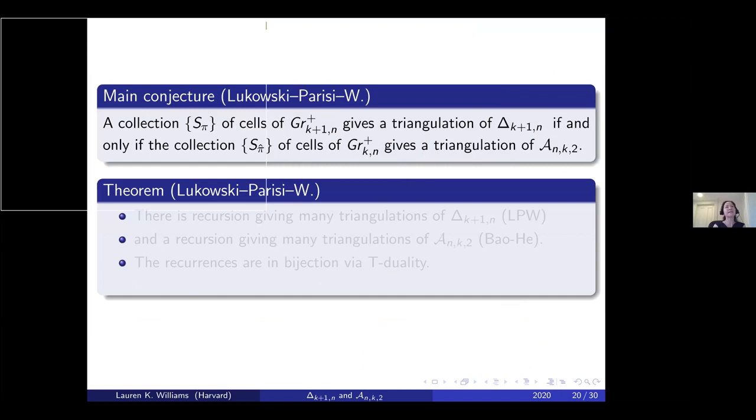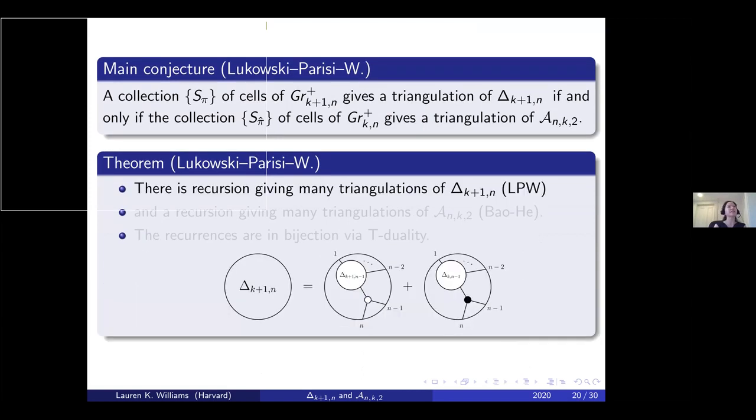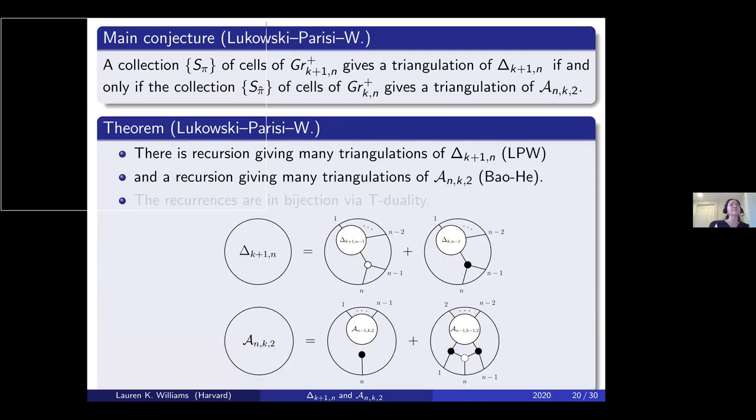Another piece of compelling evidence for this main conjecture is that you can look at recursions giving triangulations of both the hypersimplex and the amplituhedron. So there's a very simple recursion in terms of on-shell diagrams giving many triangulations of the hypersimplex. And that recursion is shown in pictorial form here. On the other hand, there's also a recursion giving many triangulations of the m equals 2 amplituhedron.